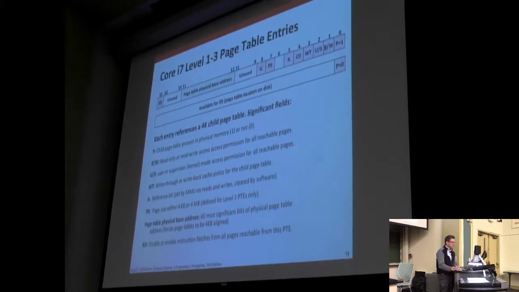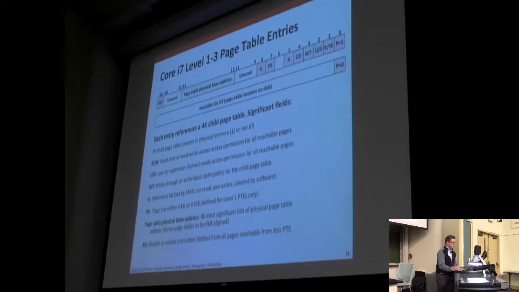There are bits that control whether that page table is read only or can be written. Actually, this corresponds to all reachable pages, so all of the portion of the address space that's covered by this particular page table entry.